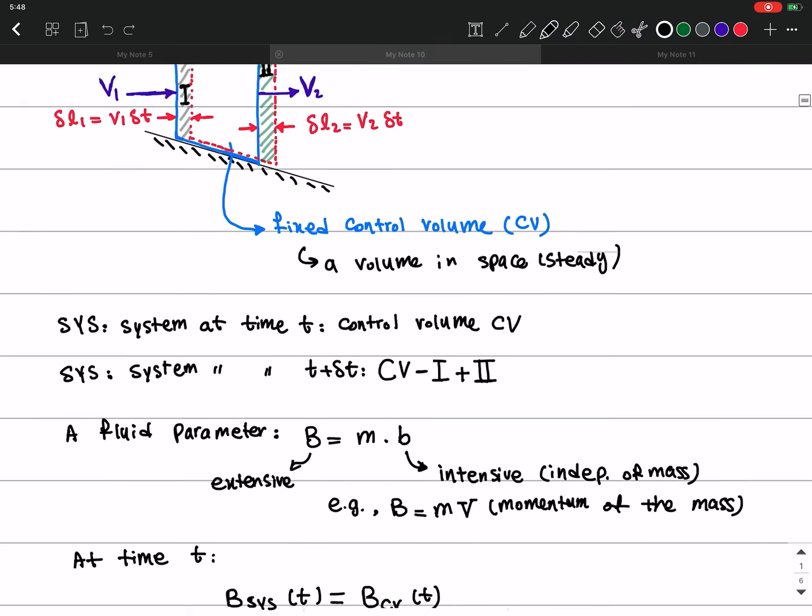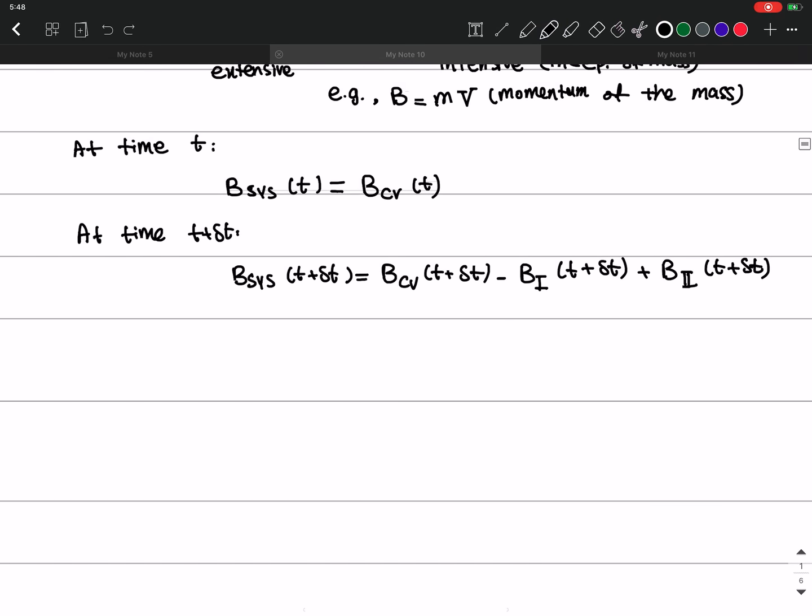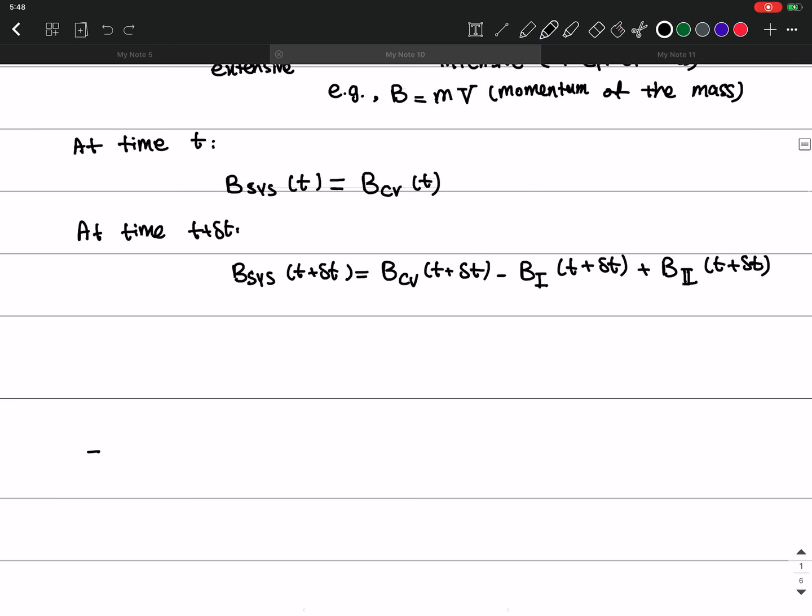So now, based on these general, very simple definitions that we made, I want to find the time rate of change of the system.